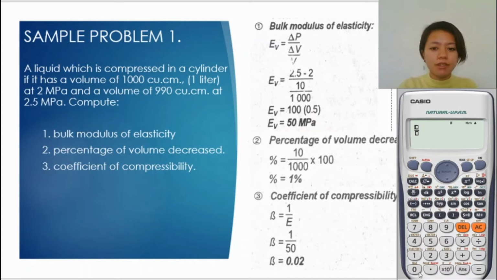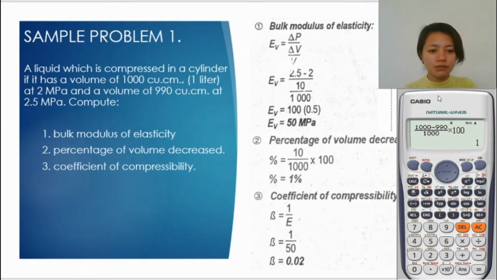Computing the percentage of volume decrease is very simple: initial volume minus final volume over the initial volume, then times 100 to make it a percentage. Sorry, I had 990 only. So we have here 1% as our percentage of volume decrease.